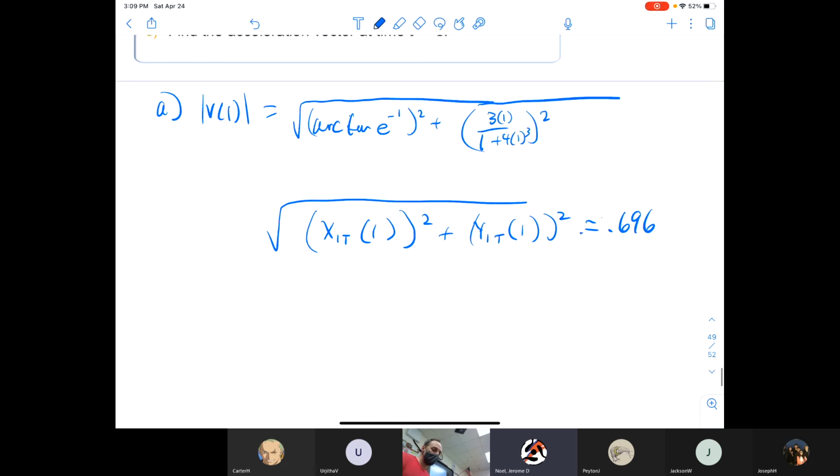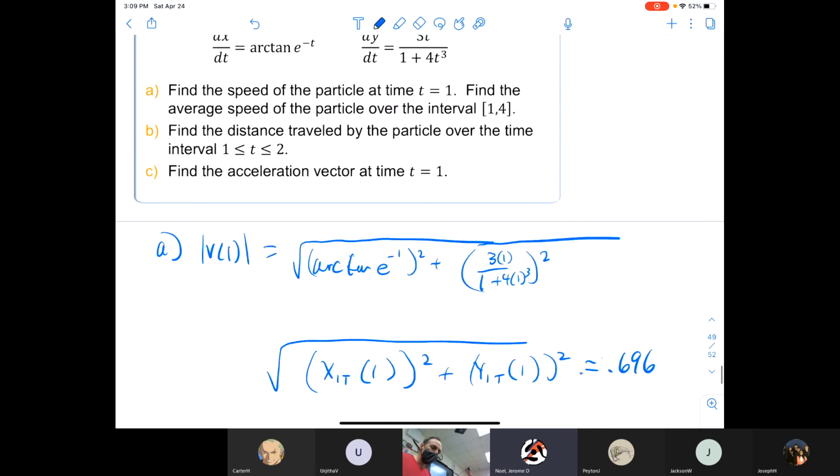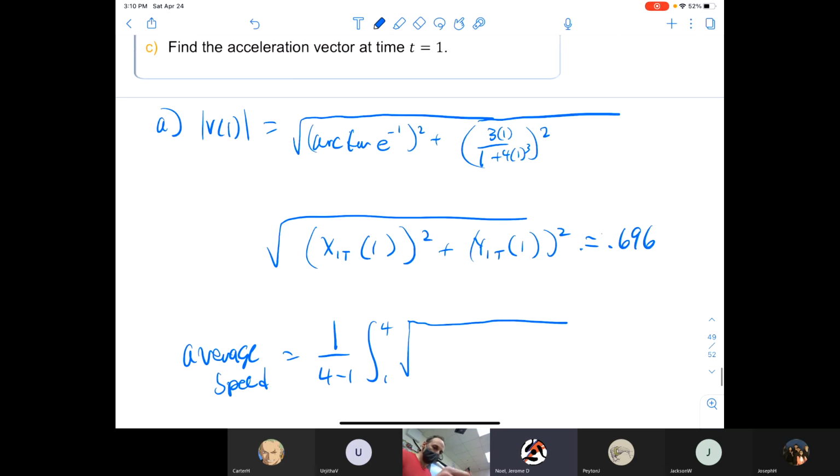Okay, so now I want the average speed from 1 to 4. Yes, from 1 to 4. So I'm going to do that average value definite integral, which is 1 over 4 minus 1, times the definite integral from 1 to 4 of the square root of, and I just say absolute value.